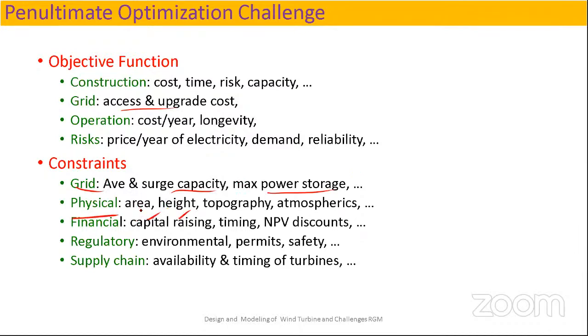Where are you going to get the area, what is the height, whether it is obstructed by the neighbor, what is the topography, whether it is flat terrain or complex terrain, what are the atmospheric conditions, whether you have sufficient funds, what is the NPV, what is the loan, the regulatory and environmental permission, safety, and supply chain availability. Once you have installed the wind turbine, you need the supply chain, meaning continuous logistics for various supply chains.